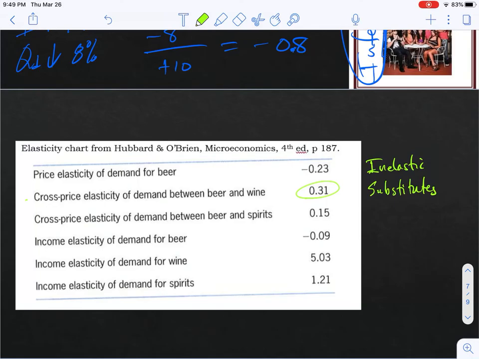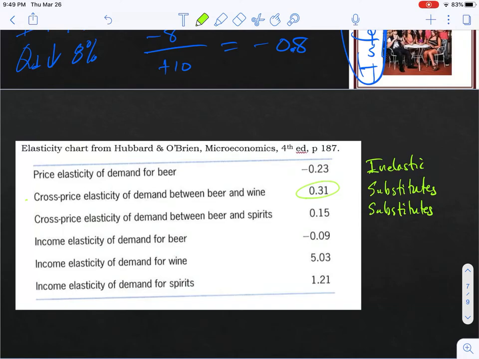Now, what about a cross-price elasticity of demand between beer and spirits, that is liquor? Also positive, right? So we also know that they're substitutes, but are beer and spirits as close a substitute as beer and wine? At least how do consumers treat them? It's still positive, but the absolute value is much smaller, right?